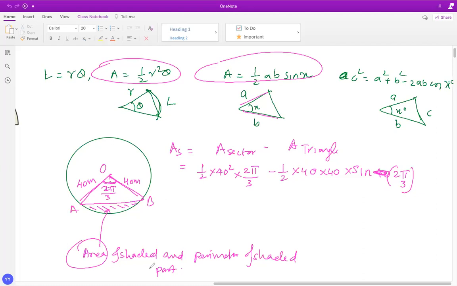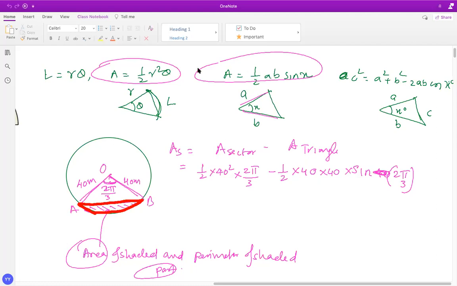Now coming back to the perimeter of the shaded part, not the sector here. The perimeter of the shaded part is this part that I'm shading in a bold color here. This is the perimeter of this particular fragment that I have to cover. How do I do that?